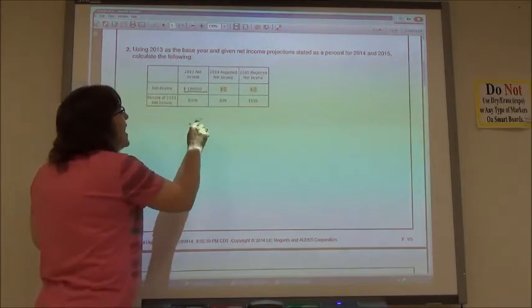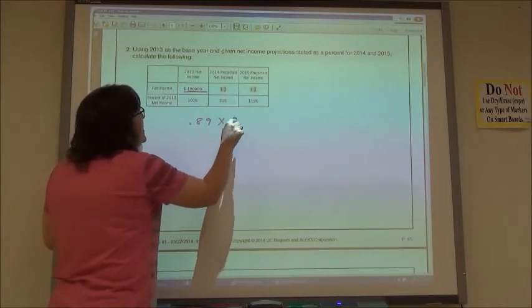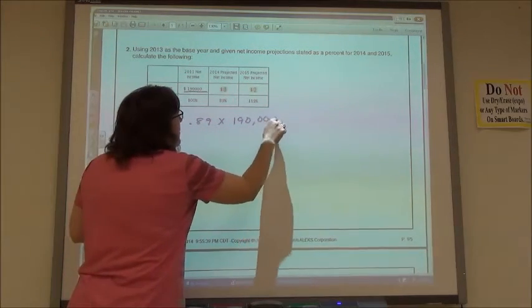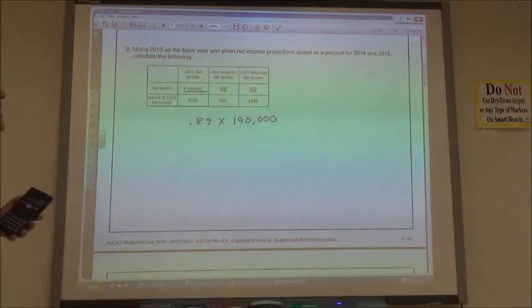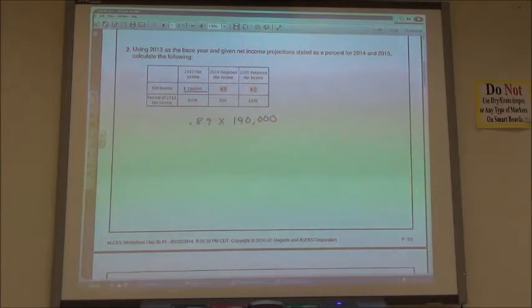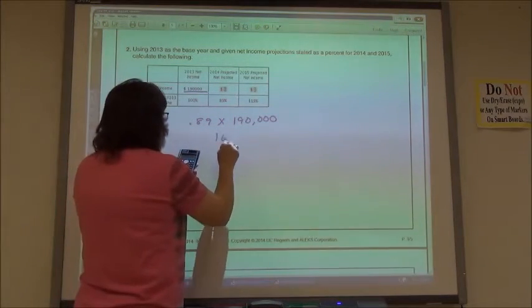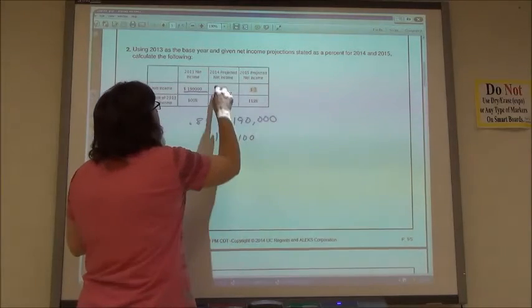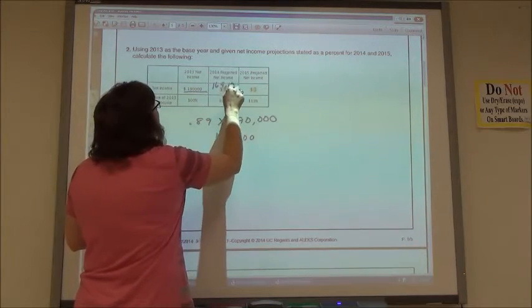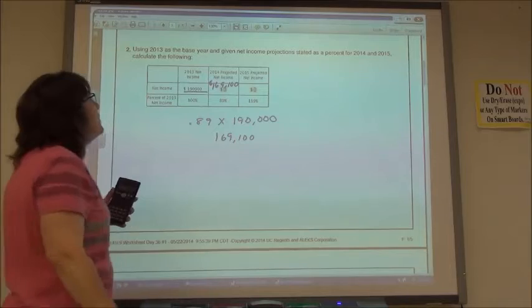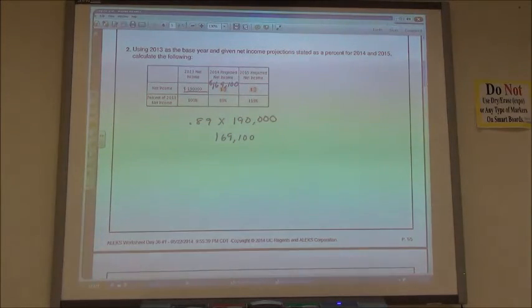So we're going to take 89% of the base to figure out what our projected net income is. So 0.89 times my 190,000 gives me 169,100. So I'm projecting my net income to be $169,100.